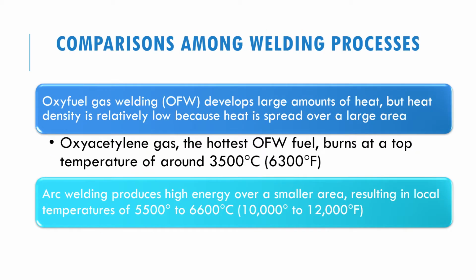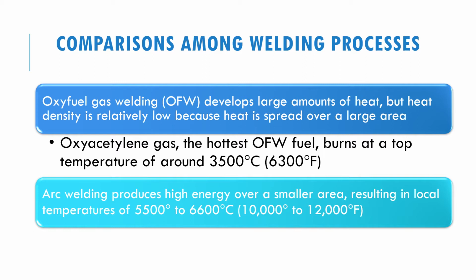If a comparison is made between the welding processes, oxy-fuel gas welding develops a large amount of heat during the process, but heat density is relatively low because the heat will spread to the environment more than to the workpiece.